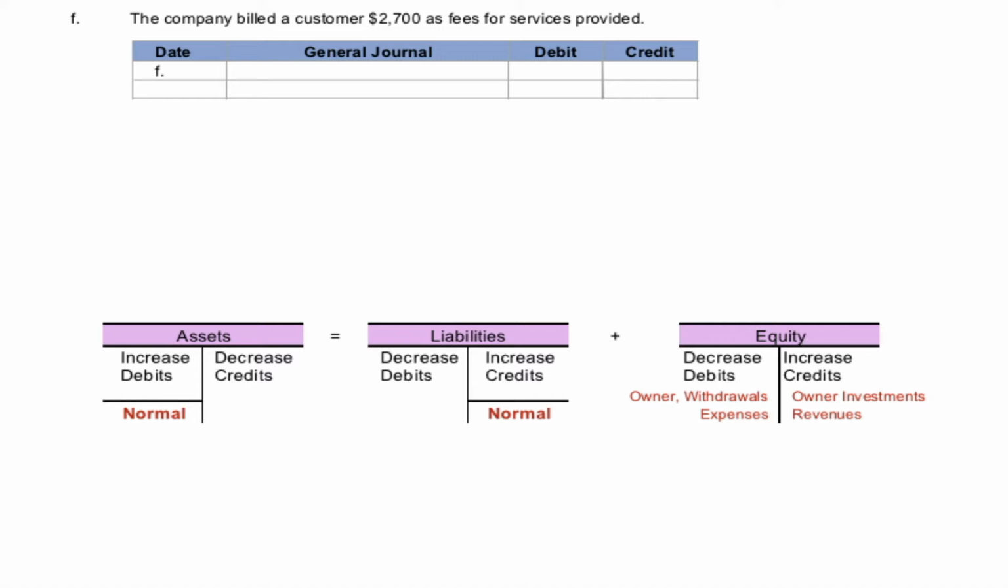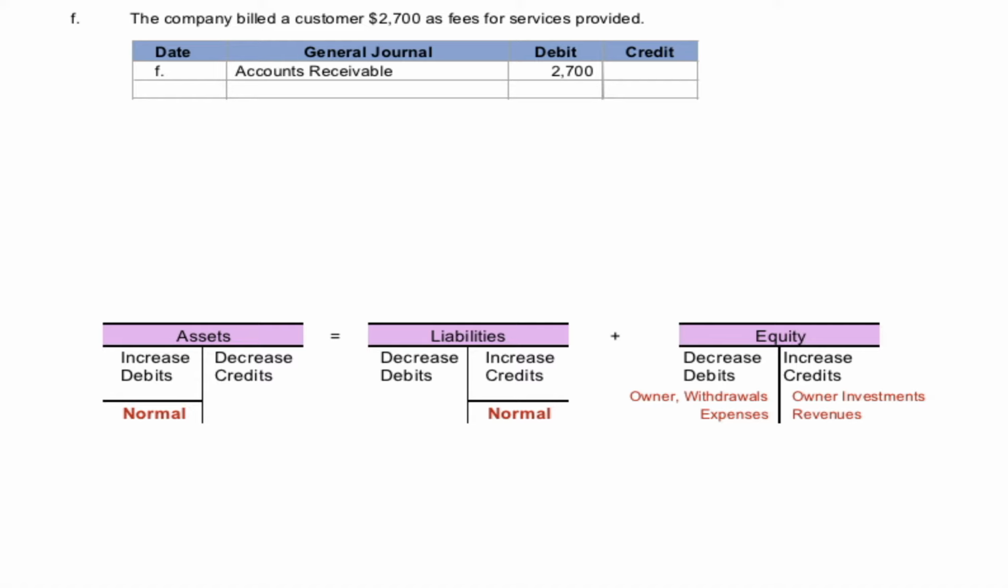Company billed a customer $2,700 as fees for services provided. Very similar to one we did already. The difference is that instead of getting cash, we use a different asset account. This is where we store all the money that someone else owes to us. Anytime we have a receivable, someone owes us some type of asset in the future. So this is an asset to us.